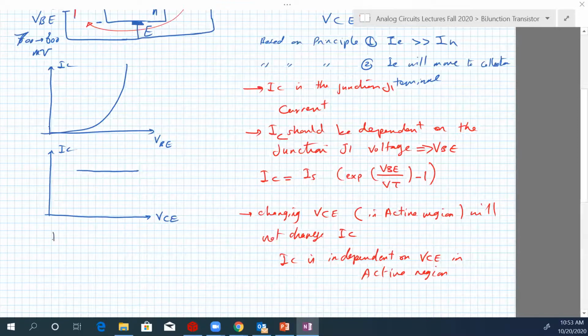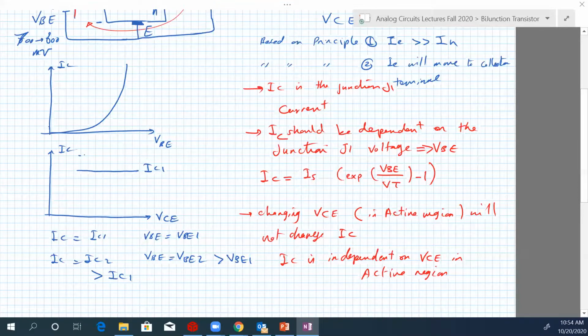Let's assume that IC is equal to IC1 when VBE equals VBE1, whatever the values are. What happens if we increase VBE to some value called VBE2, which is larger than VBE1? IC will be IC2, and this IC should be larger than IC1. So if this is IC1 and we increase VBE, IC will increase, so this will be IC2.